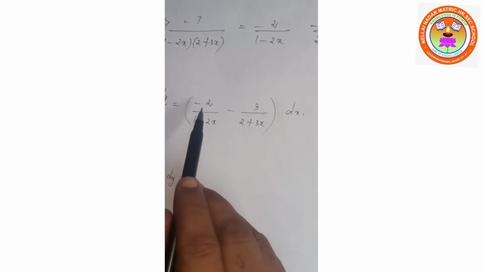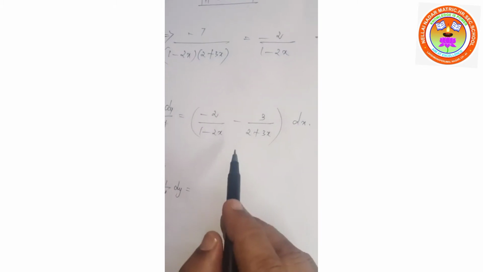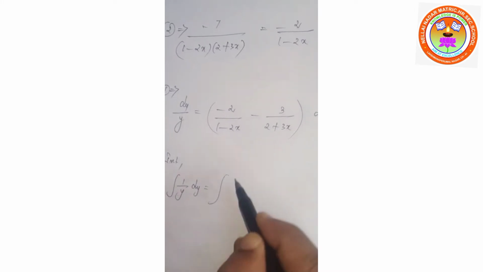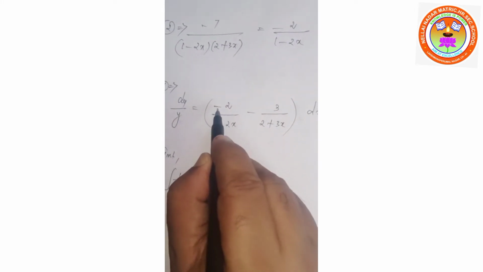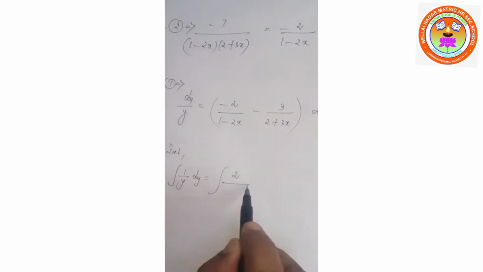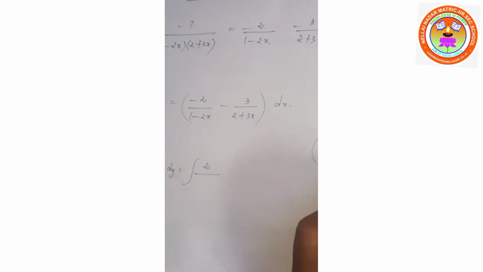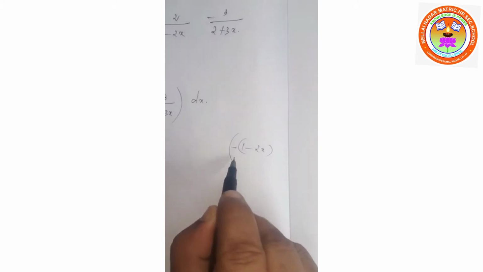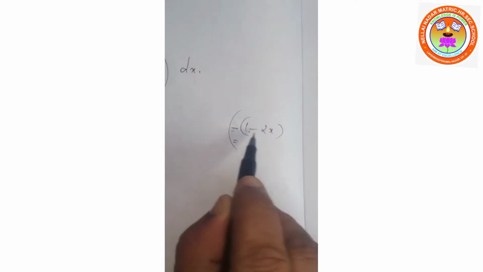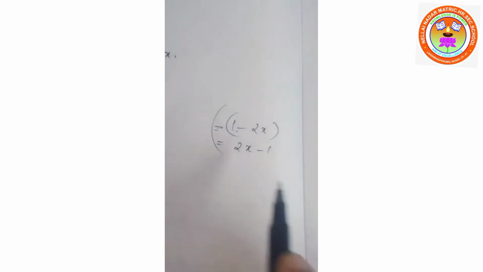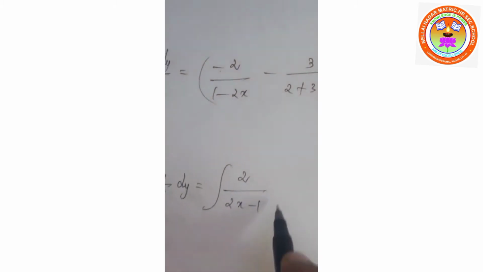Multiply the numerator and denominator by minus. If you multiply the numerator by minus, minus becomes plus. If you multiply 1 minus 2x by minus, minus into 1 is minus 1, minus into minus 2x is plus 2x. So you can write 2x minus 1.